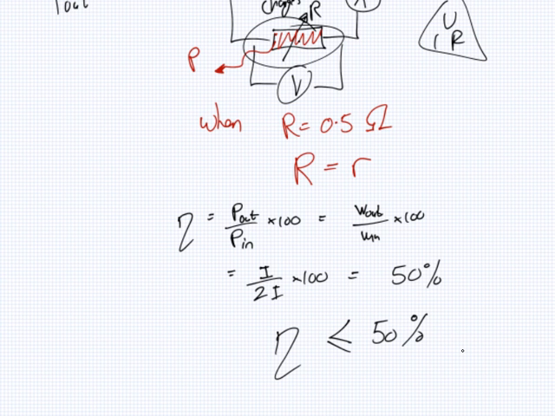Teacher, the efficiency can never be 100%, what about a superconductor? Yes, it's possible for the resistance to be 0. That is true. But it depends on your definition of efficiency. The superconductor might seem like 100% efficient, but you have to spend a lot of energy to keep the superconductor on.